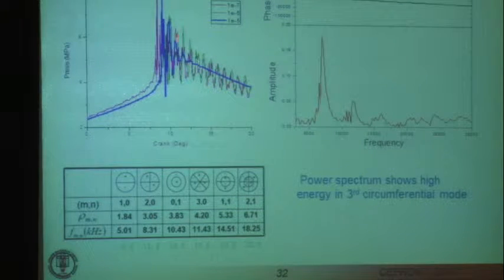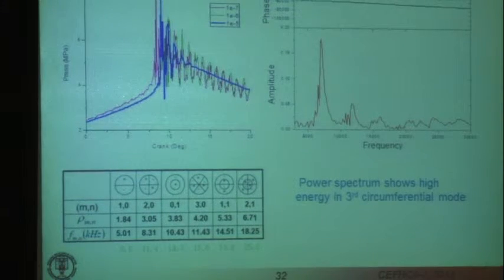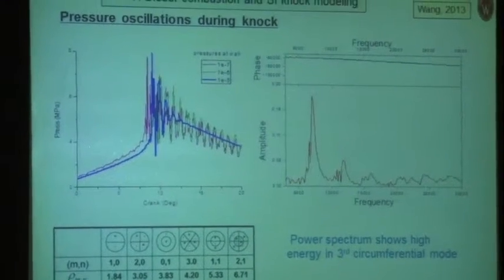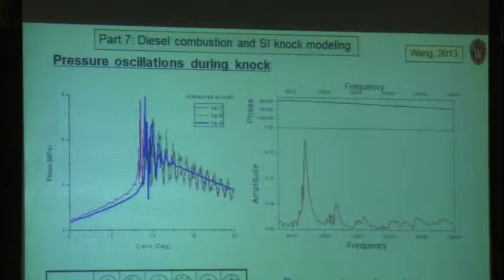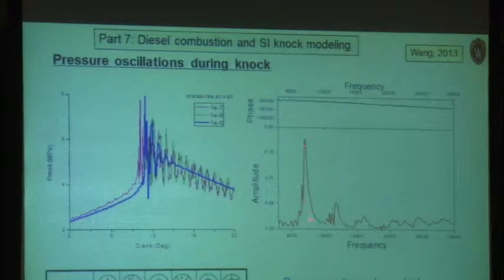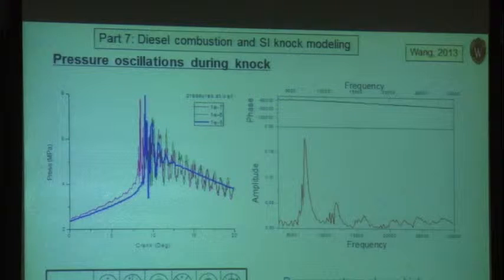You can see that you need very small time steps in order to be able to capture these waves. You can take the signal and perform a Fourier transform, having passed it through a bandpass filter and so on. And you see peaks here in the power spectrum that correspond to various modes of resonance.